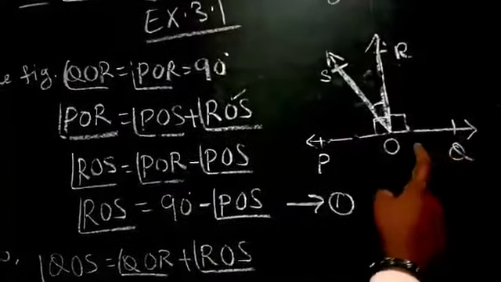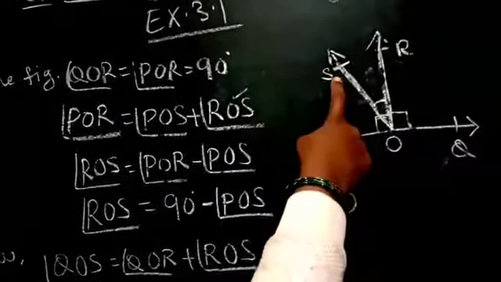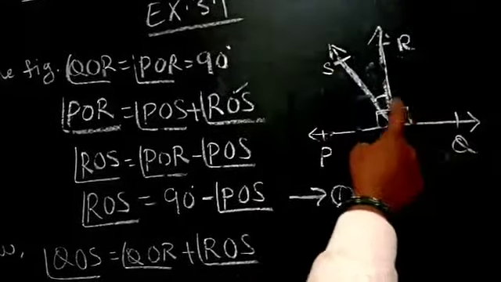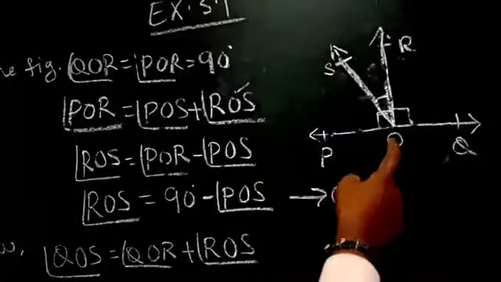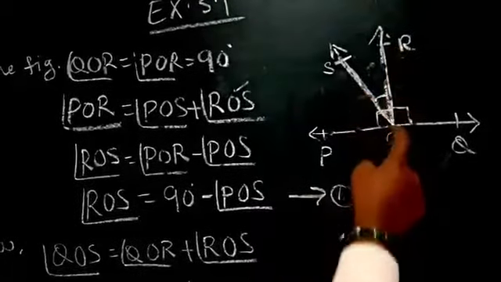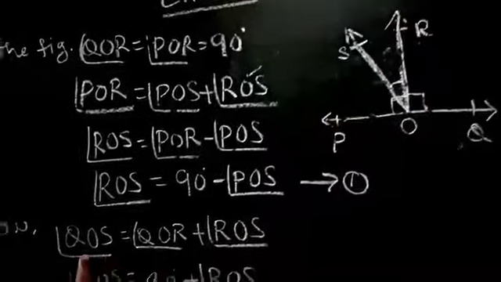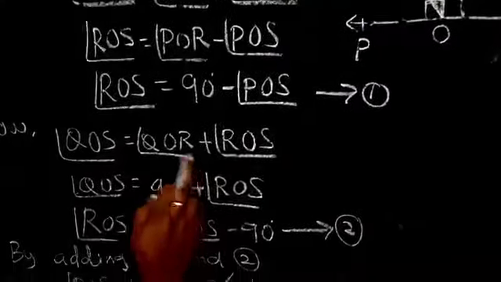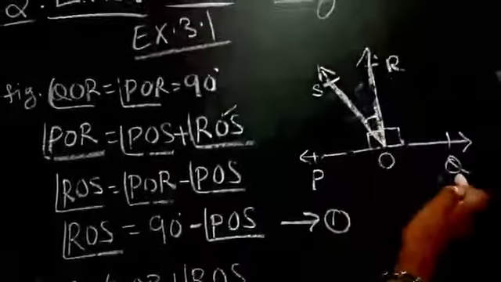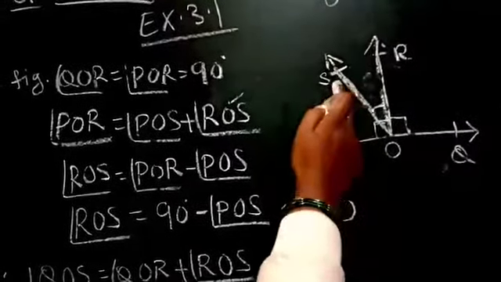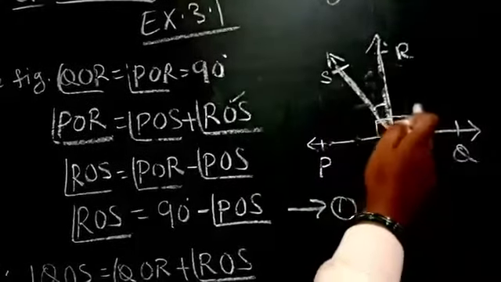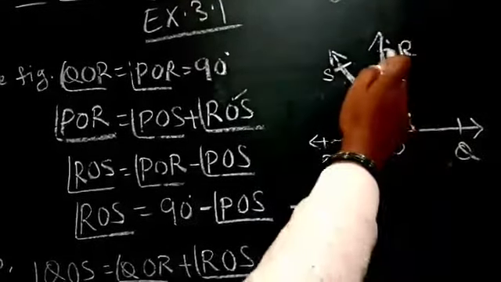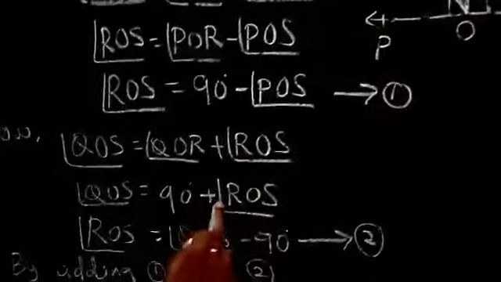Here, if we need QOS angle, this is 90 degrees plus SOR or ROS we have to add. Then QOS is equal to 90 plus ROS.